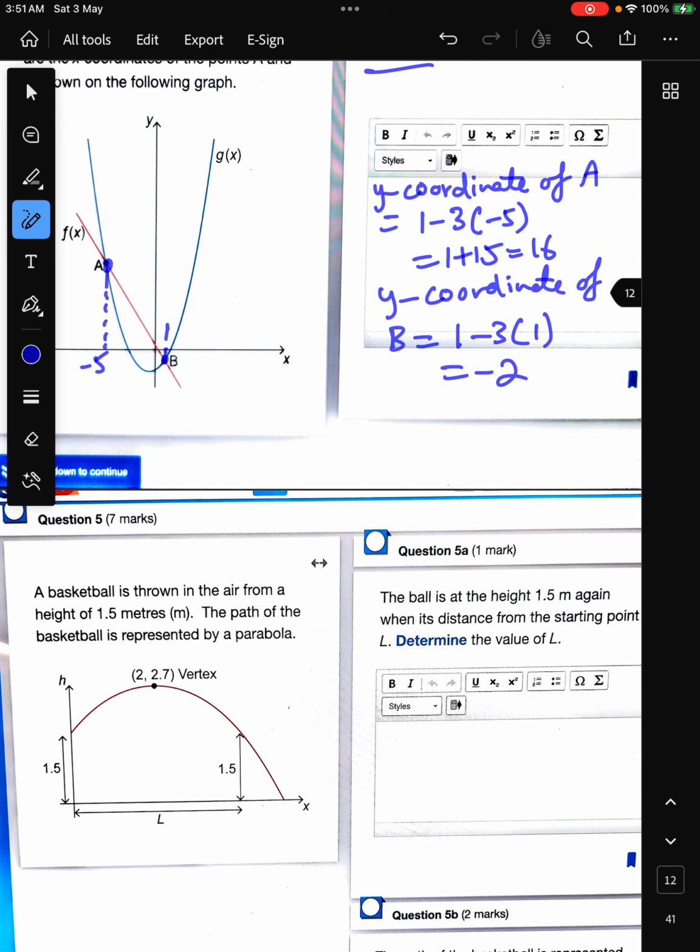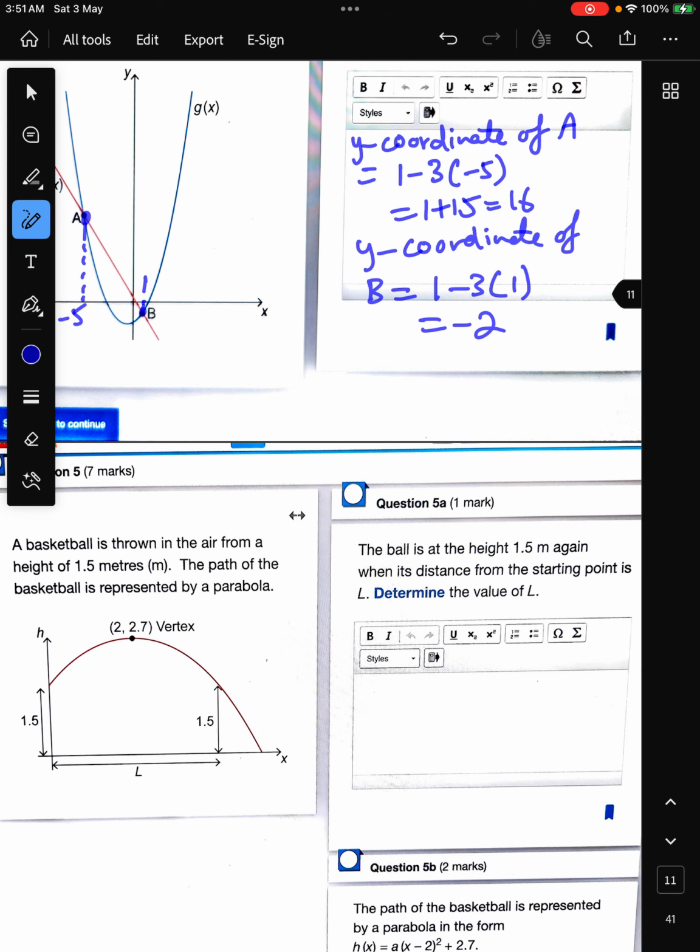So let's look at what this question entails. It says that the board is at a height of 1.5 meters again when its distance from the starting point is L. Determine the value of L. So we're going to try to find out what this value is. This is a 1 mark question, so it should generally be quite easy. But the biggest clue here is that if you look at this quadratic graph, it goes all the way up to the highest point, so the x coordinate here needs to be 2.